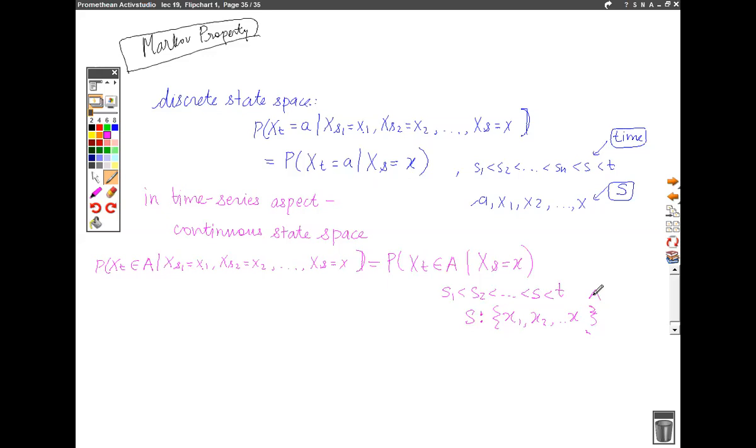So is that clear to everyone? If you were to use the actual properties and say that my A will be some subset of S.